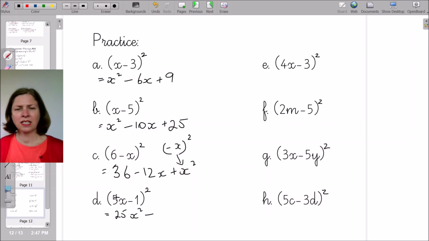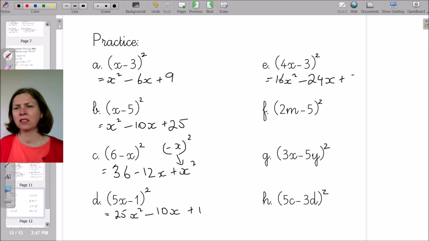Then I subtract double those multiplied together, so 5x times 1 is 5x, makes it minus 10x, and then add 1. 1 squared is 1. This one gives me 16x squared minus 24x plus 9. The 24 comes from 4 times 3, doubled.